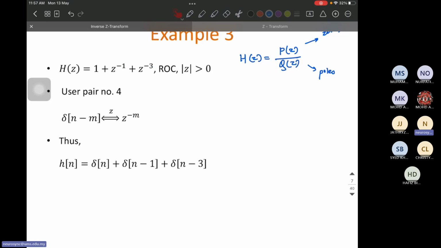Similarly, for Z to the power minus 3, it is delta n minus 3. If plus z to the power minus 4 is there, then plus delta n minus 4 you should write. And here ROC is given where z is greater than 0. All are right sided, you can see; this is a right sided sequence. So this matches with our given ROC.